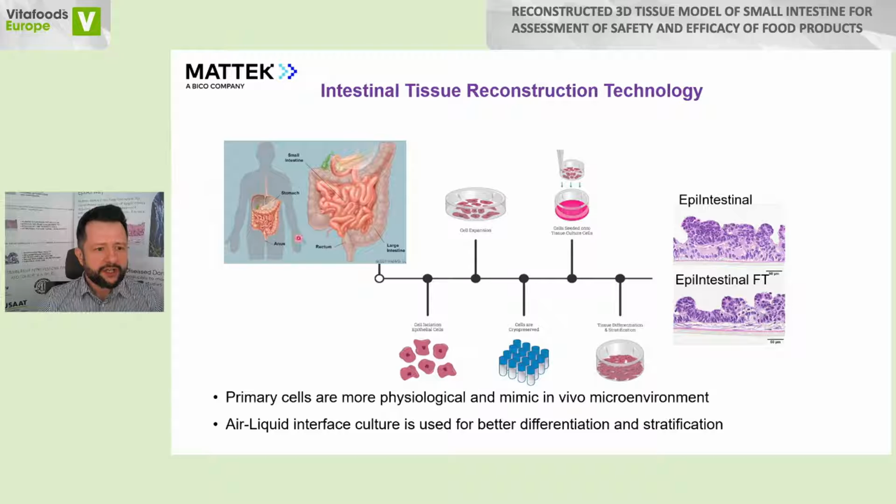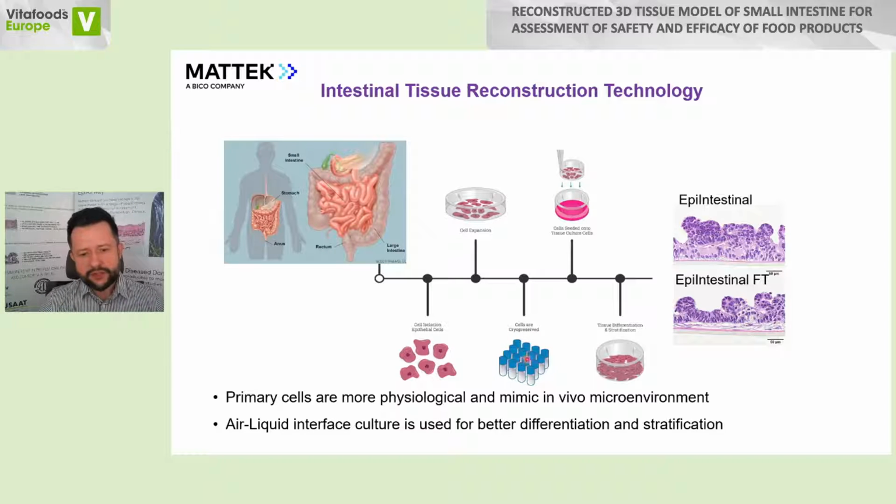It is generated from the normal healthy donor, so it's no cell line or anything. The healthy donor cells are collected from the healthy intestine. They are expanded a little bit in vitro on the petri dish. Then we freeze them in huge lots. A lot of the cells are cryopreserved for a long time.